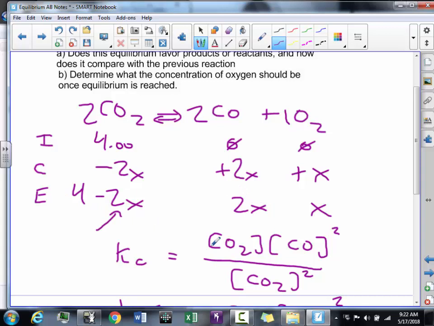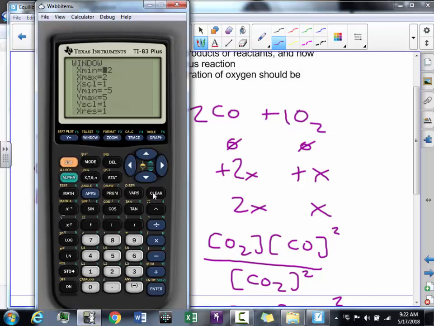I think what Max is pointing out is this right here. All you have is 4. That's how much you have to begin with. And if x is 2, 2 times 2 is 4, you'd now have lost everything. So the only reason I'm suggesting this is that when I do my window size, let's go from 0 to 2, and that's really all I need to consider.